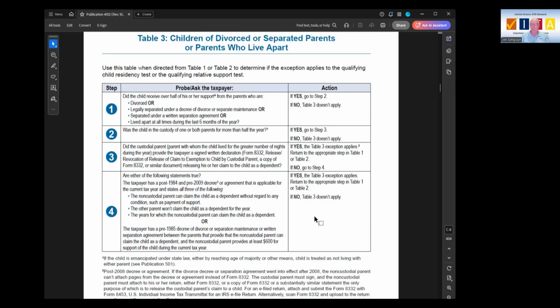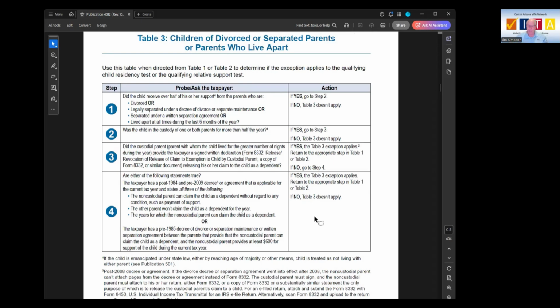What's really important, the first question to really determine is who did the child live with more than half of the year? Okay, that's called the custodial parent. And in general, the custodial parent by default is entitled to claim that person as a qualifying child, unless the custodial parent releases the exemption, they call it.